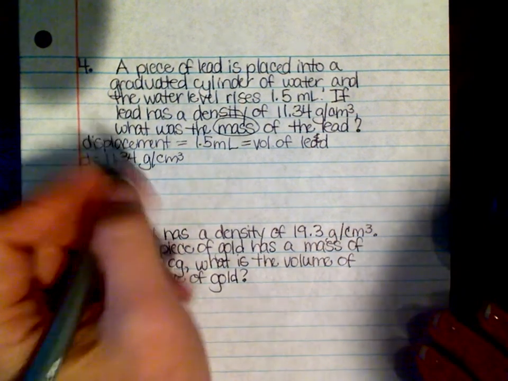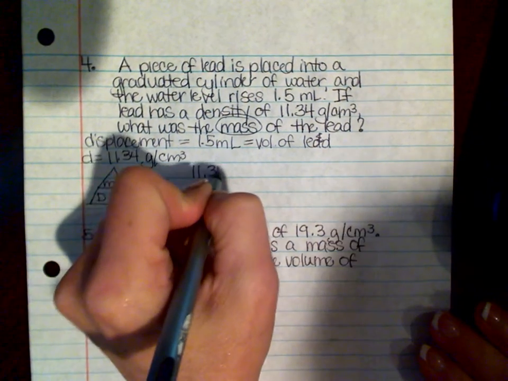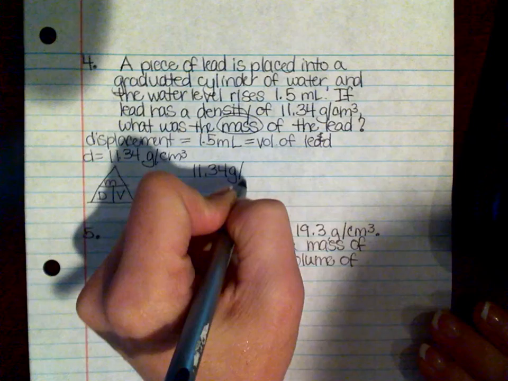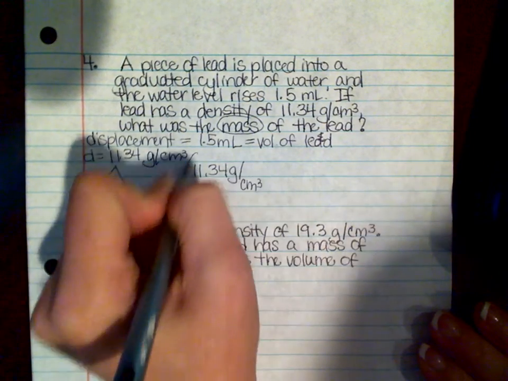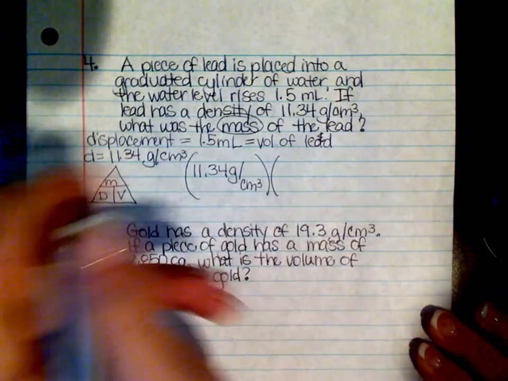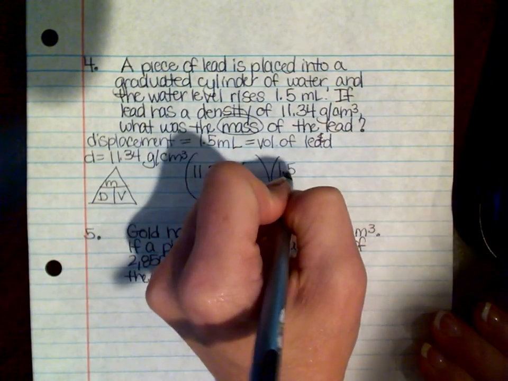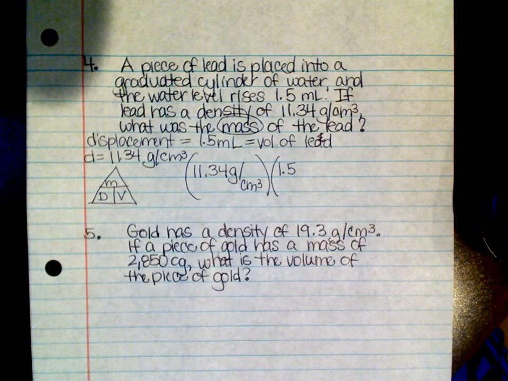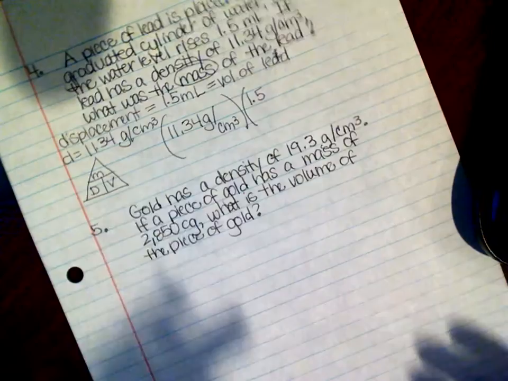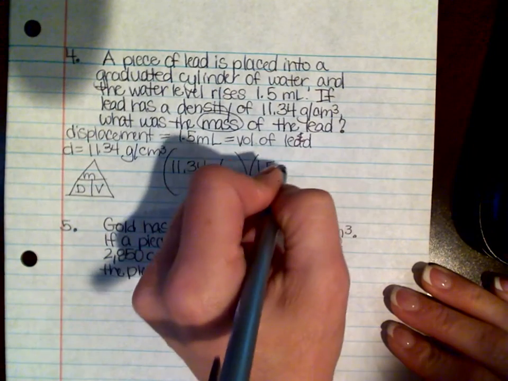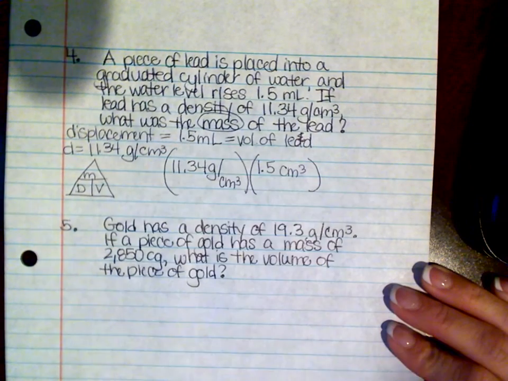So I'm going to take my density, 11.34 grams per centimeter cubed, and multiply it by my volume of 1.5. Now remember that 1.5 milliliters is the same thing as 1.5 centimeters cubed. So I could go ahead and change this to centimeters cubed, because why?